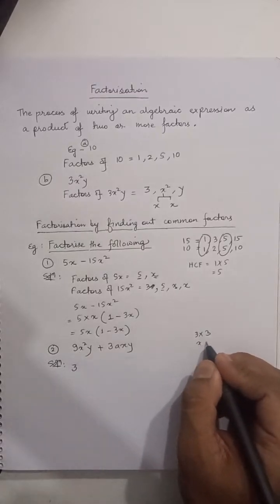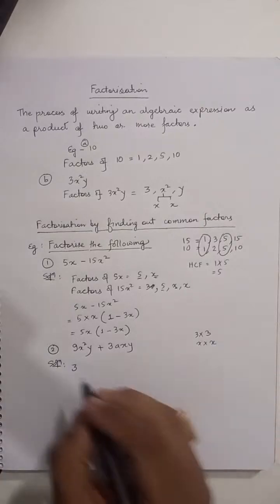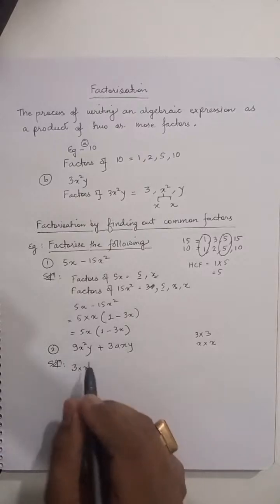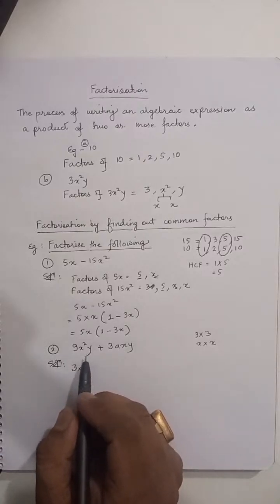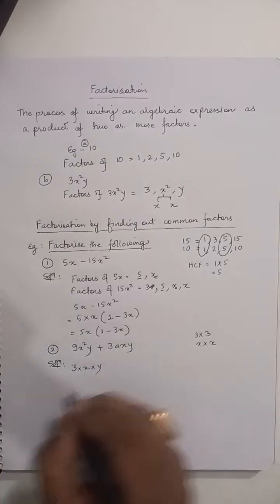So x square means x into x, and here there is one more x. So we can write into x. And the first term has a y and the second term also has a y, so we can write the y as well.